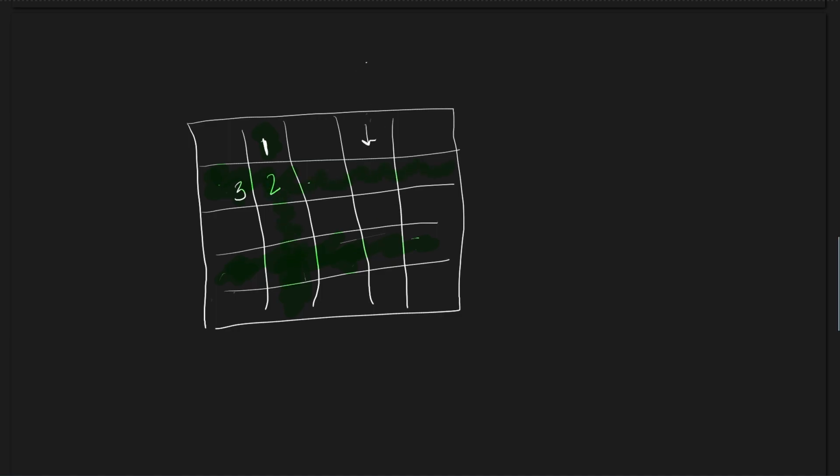Now we just have to check for this particular column for the sake of the example. So one can go here. So this is the current scenario. Then three can go here, and then two can come here. One, two, three. This would be the scenario, right?